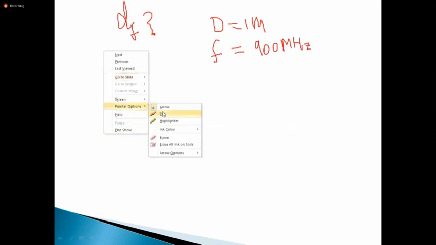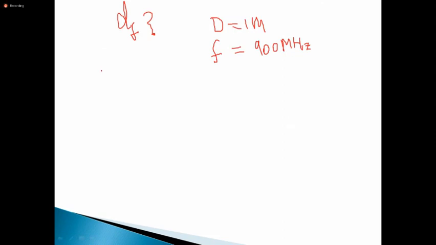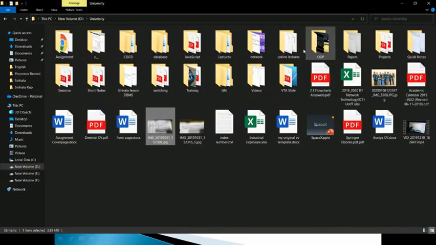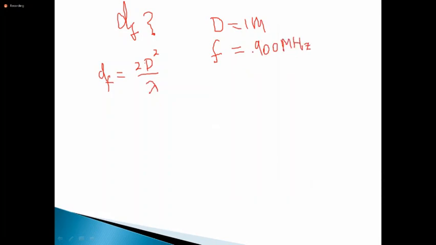The far field distance is given by 2D square divided by lambda. හරිද? frequency දීලා තියෙන නිසා මුලින්ම wavelength එක හොයාගන්න ඕනේ. Now wavelength is c divided by f. Right?